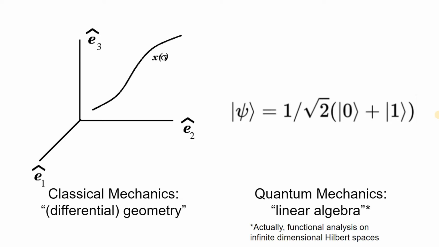So what we will actually see in this video is that geometry didn't go away. It is actually there in quantum physics, only in a completely different way and in a generalized way. It is not classical differential geometry anyway.